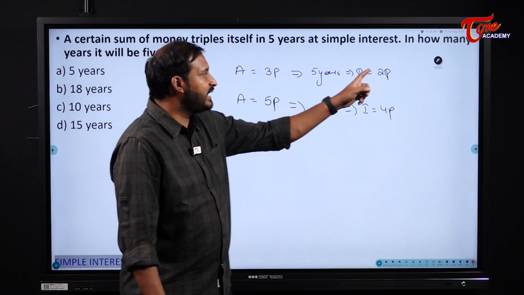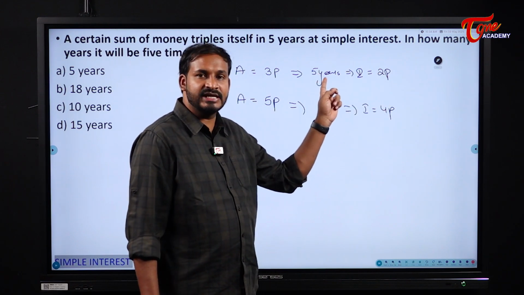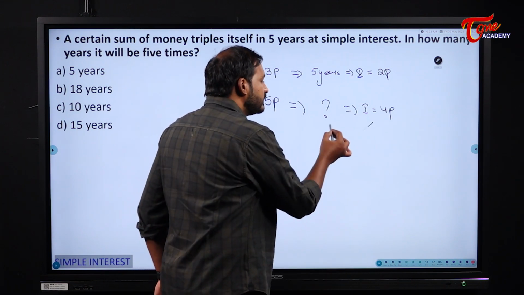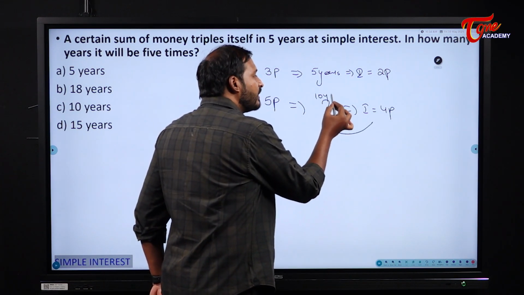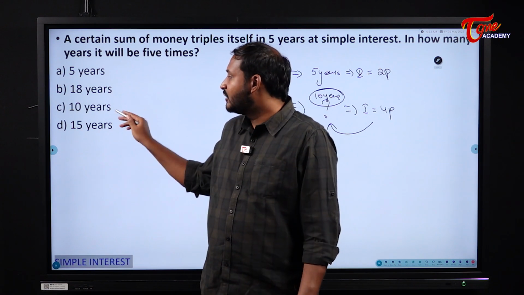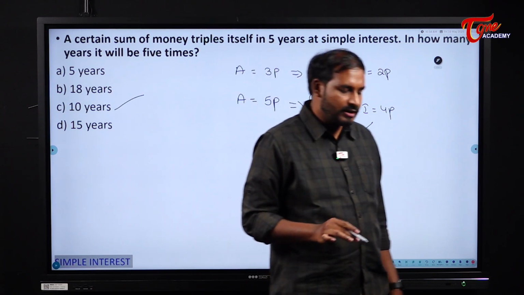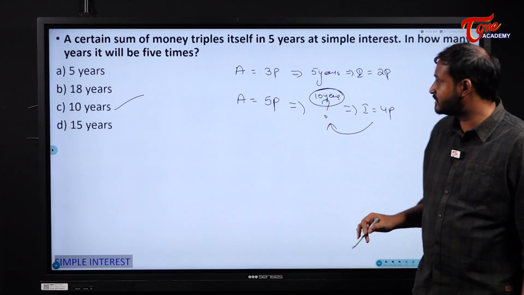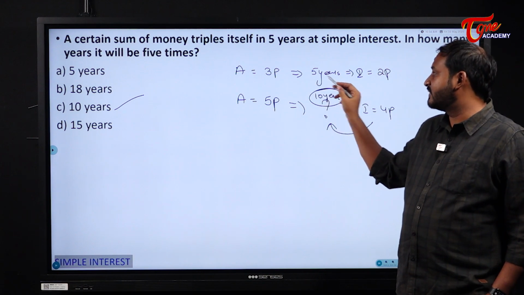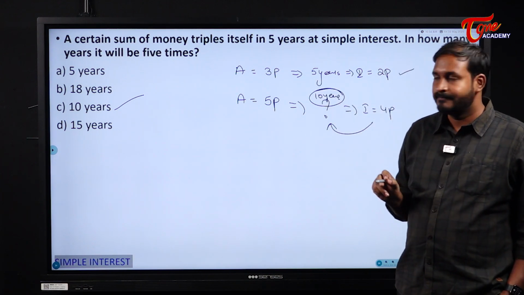See, to earn an interest of 2p, how many years is it taking? 5 years. To earn an interest of 4p, how many years will it take? 10 years, right? Why? Because in simple interest, the interest remains constant throughout the duration. So here our answer will be 10 years. Understood? A simple concept. Amount to become 3p takes 5 years, so interest earned is 2p.